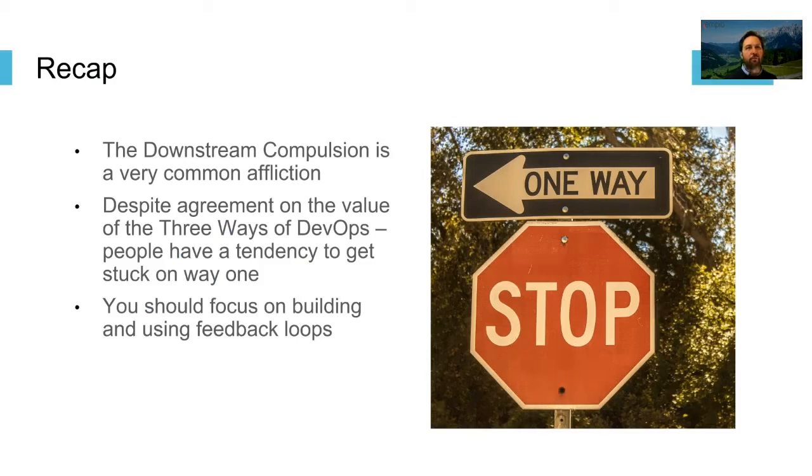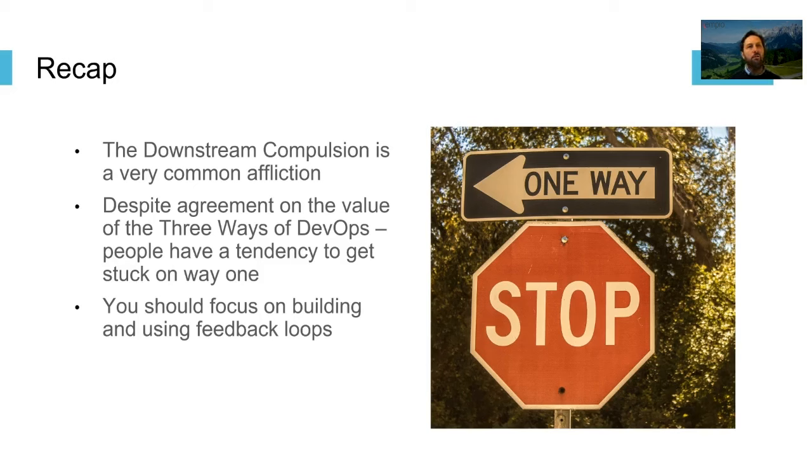Let me just summarize this very quickly. The downstream compulsion is something that happens to everybody to some degree. I think we get carried away, almost literally, in building the thing that supposedly we're here to build. We are building a system, we are building a product, we are building a pipeline. And that means that we get stuck on the first way of DevOps.